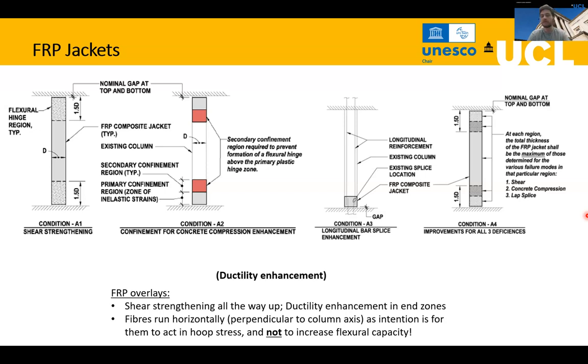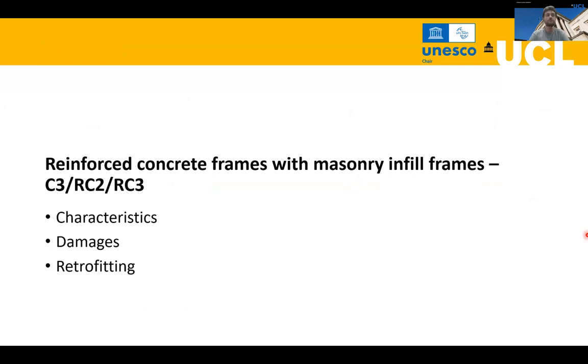You can install it from the top to the end, and you will have a particular behavior. You can even leave some areas to let the plastic hinge develop exactly where you want it to be developed.